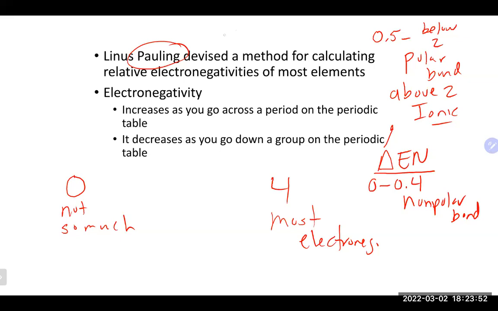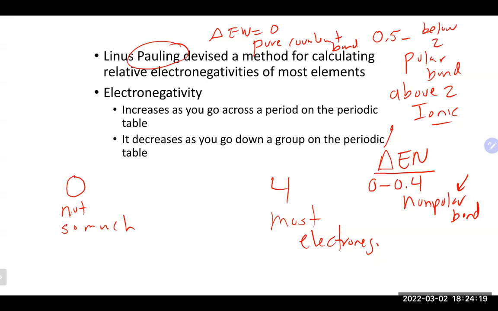So 0 to 0.4 is considered a nonpolar bond. By the way, if you get a difference in electronegativity of exactly 0, that is also sometimes referred to as a pure covalent bond, which is still a nonpolar bond. It just means that it has exactly perfect sharing of electrons. So these cutoffs help us decide, when we look at an electronegativity table, what we would expect.